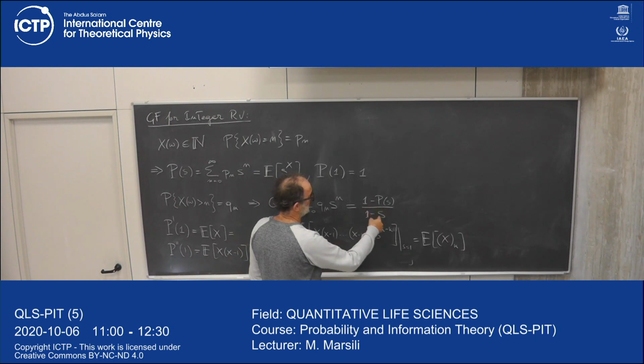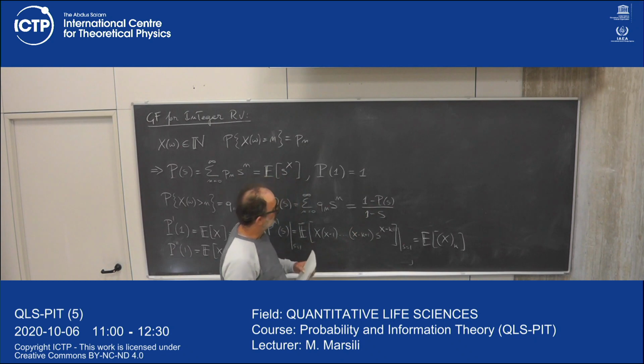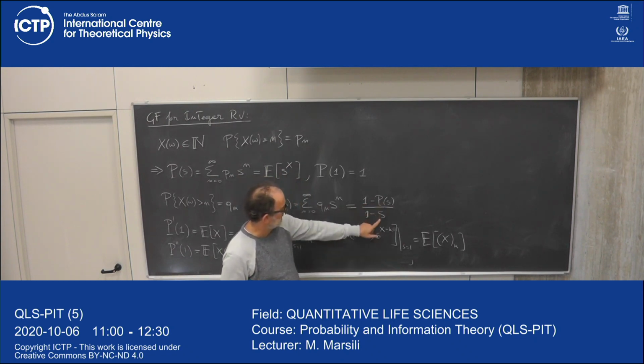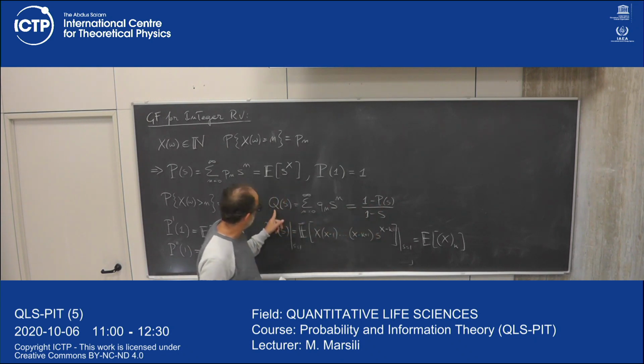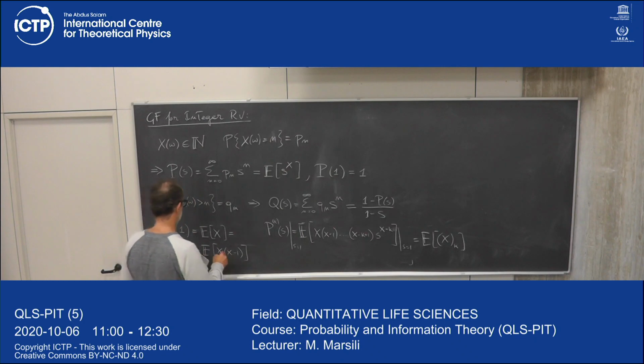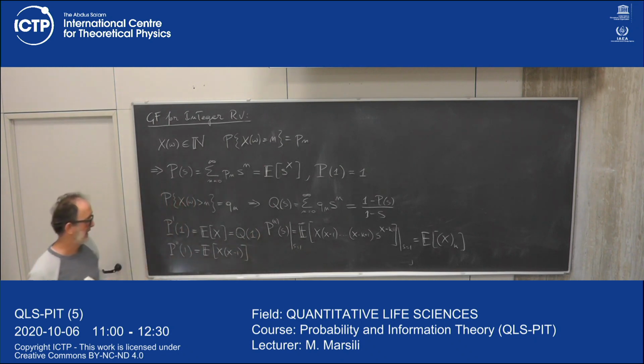So this limit you have to perform with the L'Hopital rule. You take the derivative up here, which is minus p prime, and the derivative down here, which is minus 1. So the limit when s goes to 1 is just the derivative of p at 1. So the expected value of x is also given by q computed at 1. Okay?